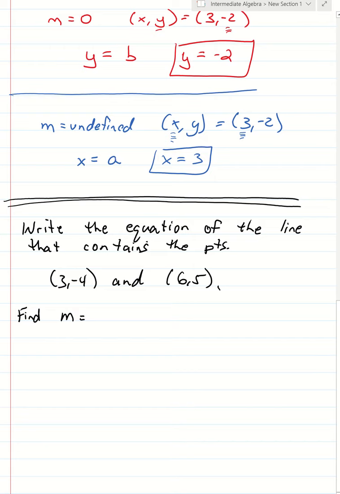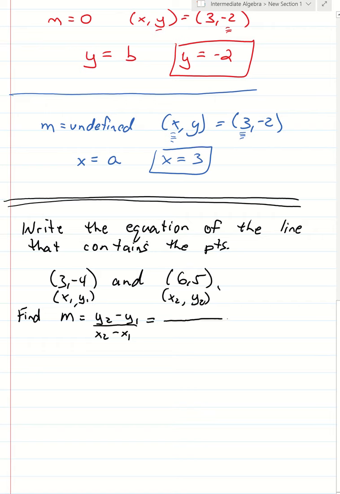And luckily for us, we learned in the previous section that y sub 2 minus y sub 1 over x sub 2 minus x sub 1 allows us to find the slope. And we are given an x1, y1, and we are given an x sub 2, y sub 2.